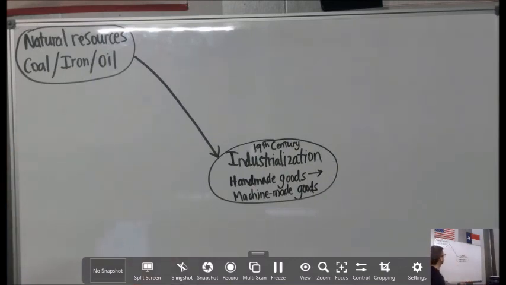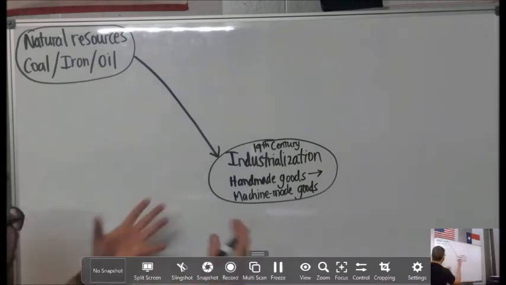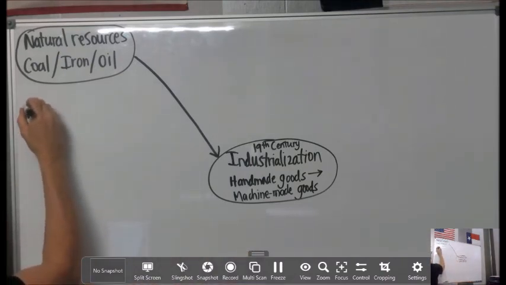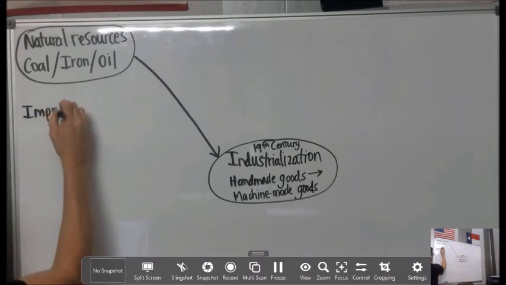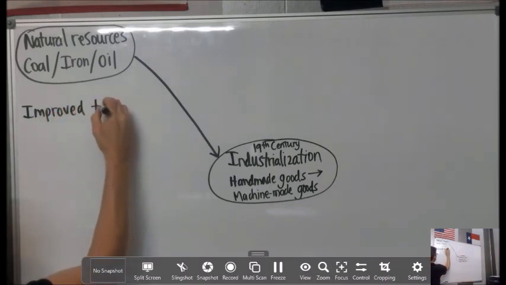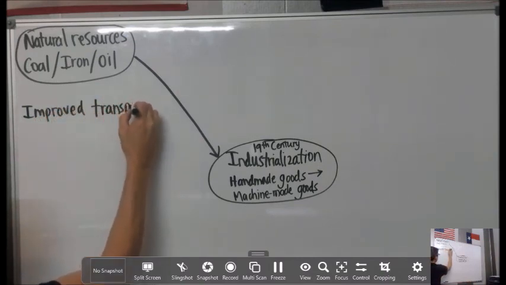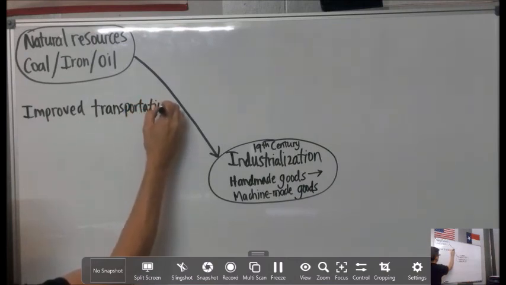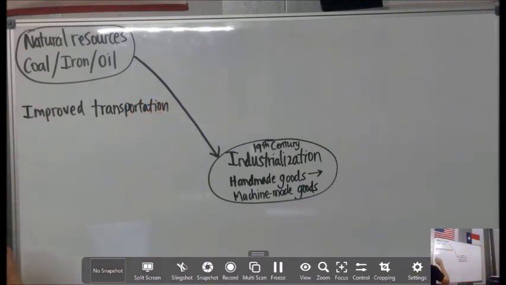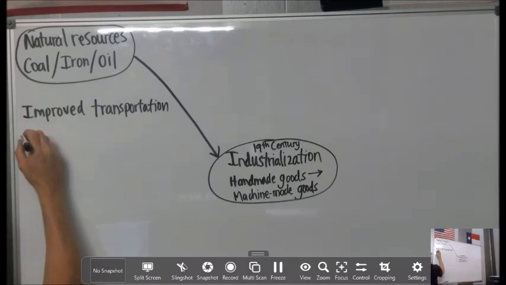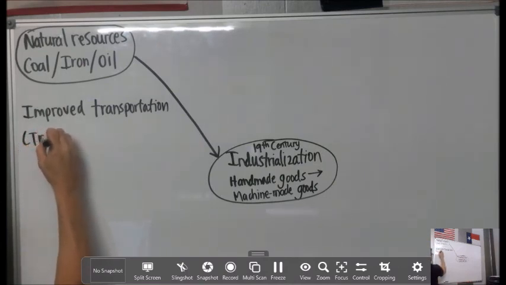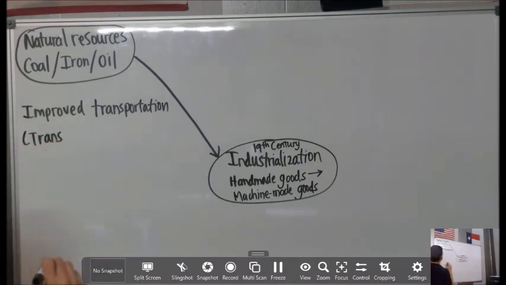All right, so in order for industrialization to take place, you have to have plenty of natural resources. You also need, for it to take off, improved transportation. And of course, we've learned by this point that the Transcontinental Railroad plays an important role getting the coal, getting the iron, getting the goods to market.